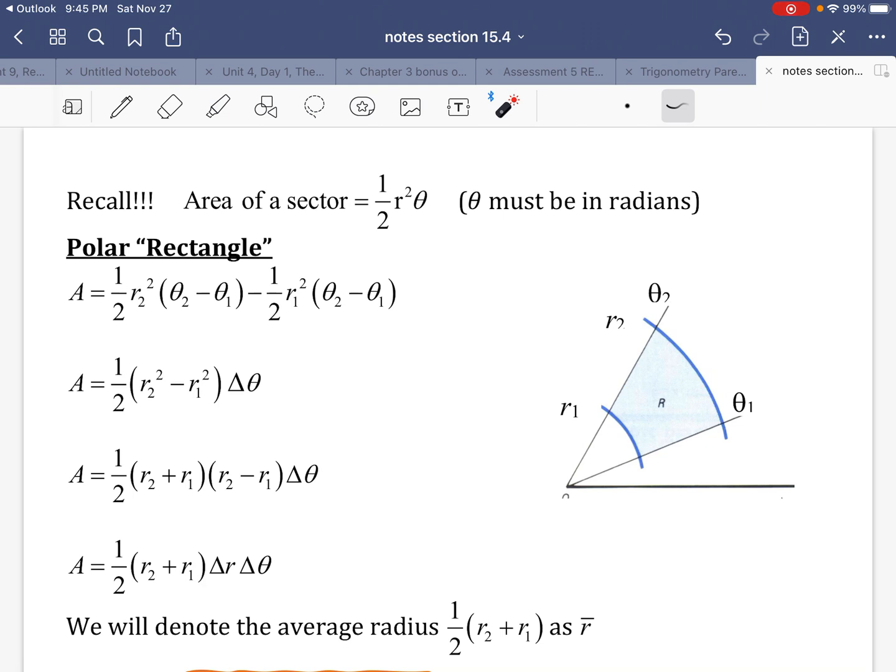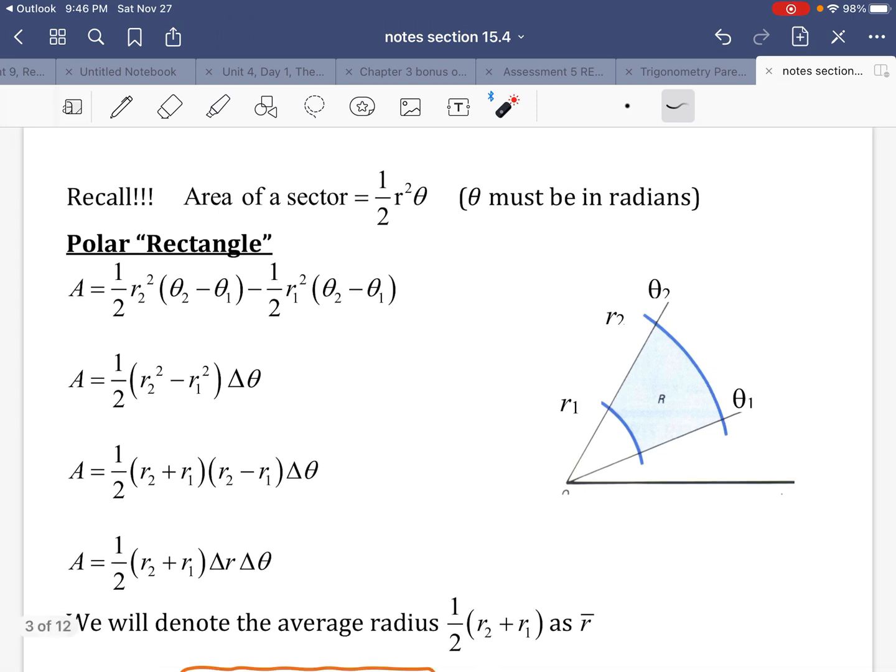You can see that these things both have theta 2 minus theta 1 in common, because that's the angle that we're doing, and both have a 1/2. So what is being done right here, we are factoring out the theta and the 1/2, and theta 2 minus theta 1 turns into delta theta.